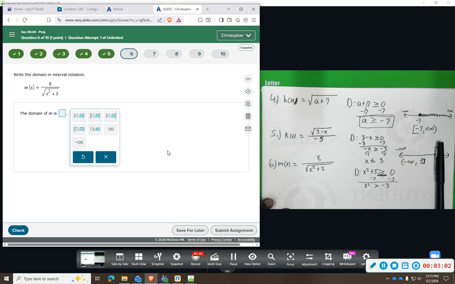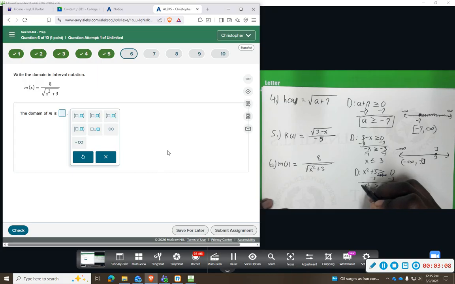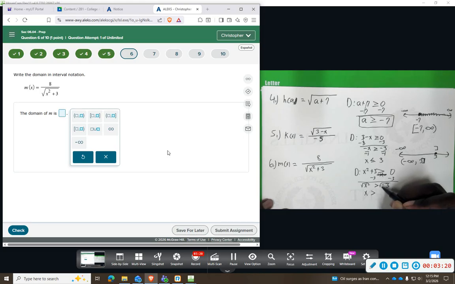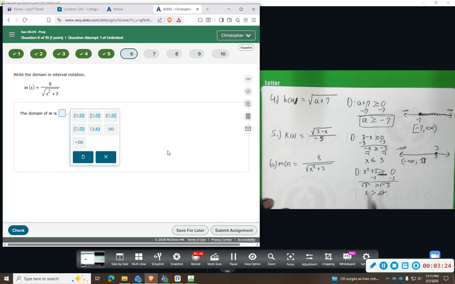Now, if we were to try to solve this, we would have to take the square root of both sides, and that would give us x greater than, there's no number that you can take the square root of and get a negative. So there is no real solution here.